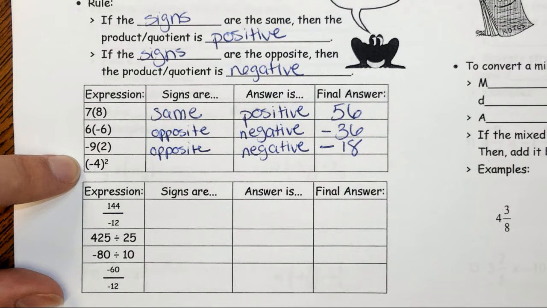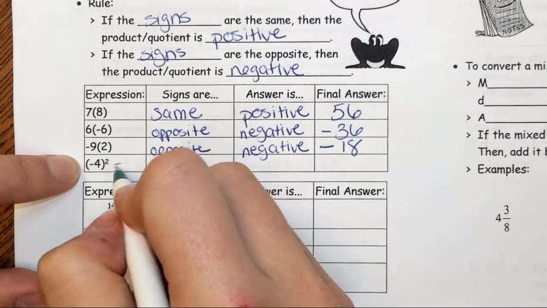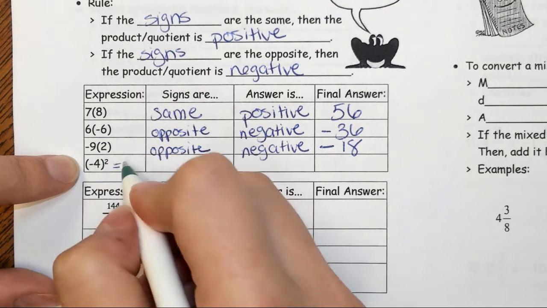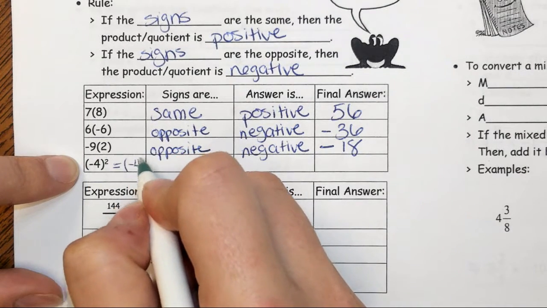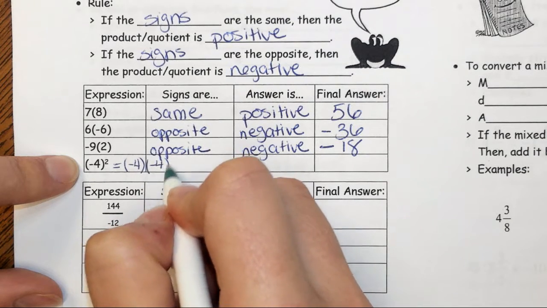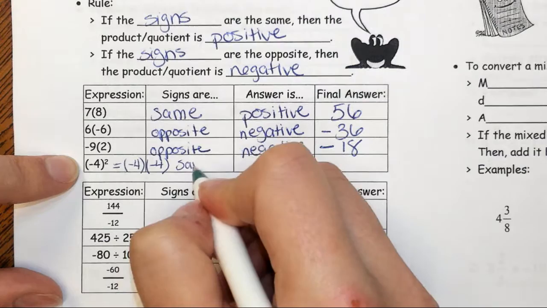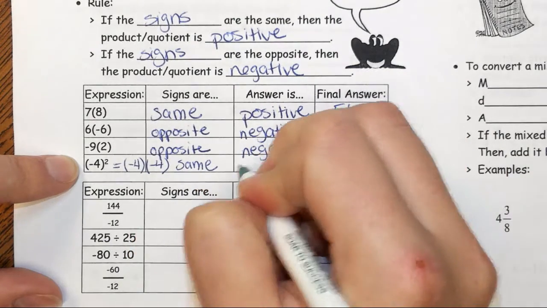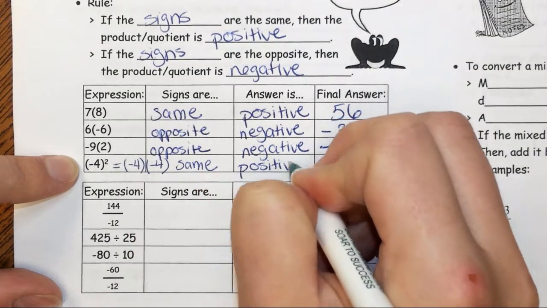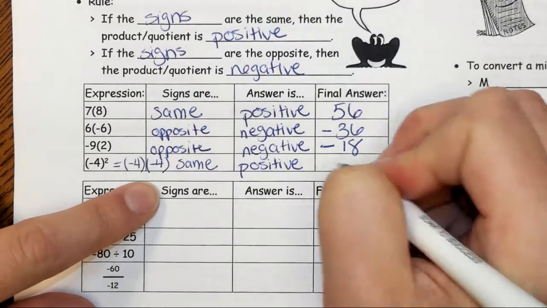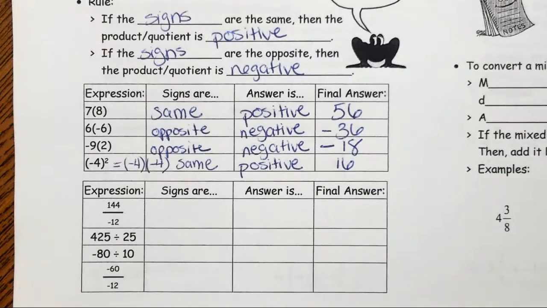So if I think about this in terms of multiplication, this exponent sees everything inside the parentheses. So this is negative 4 times negative 4. Here, my signs are the same, so my answer will be positive. 4 times 4 is 16, and it stays positive because the signs are the same.